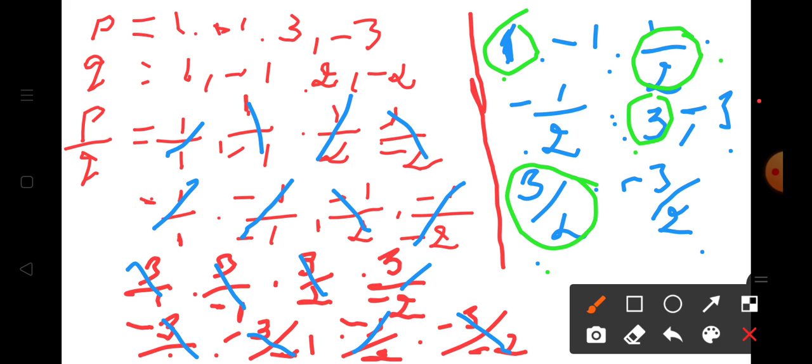So we cannot use these four values. This is not necessary. Okay, so we are going to substitute only negative values. What are they? -1, -1 by 2, -3, -3 by 2. We are going to substitute only four values.